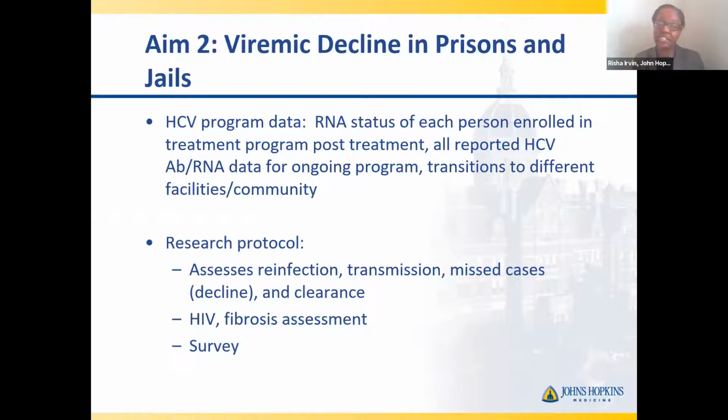We'll also be looking at HIV and getting a fibrosis assessment using the FIB-4, and also asking individuals to complete a survey so that we can assess for risk factors for HCV infection and transmission, knowledge of HCV infection, any prior treatment within corrections or in the community as well, and whether or not they're enrolled in any harm reduction. Because again, remember, we're looking to tease out where you get the biggest bang for your buck.